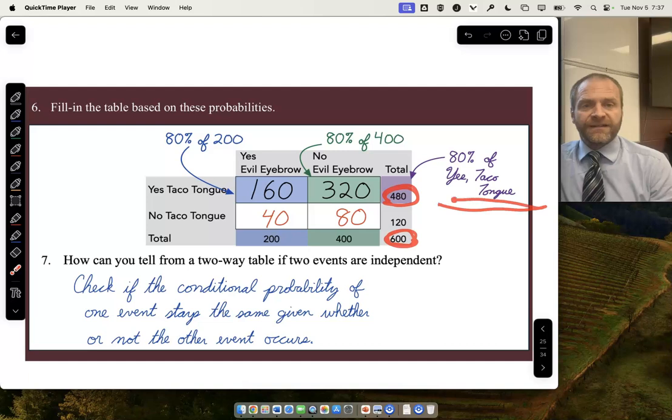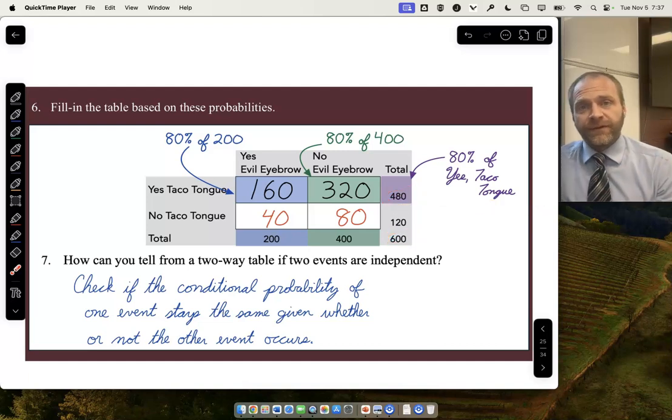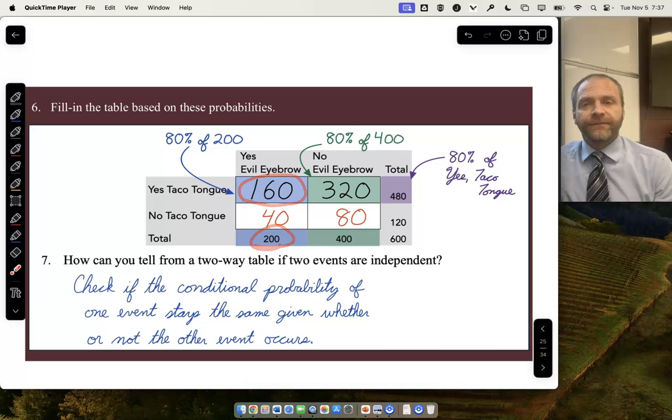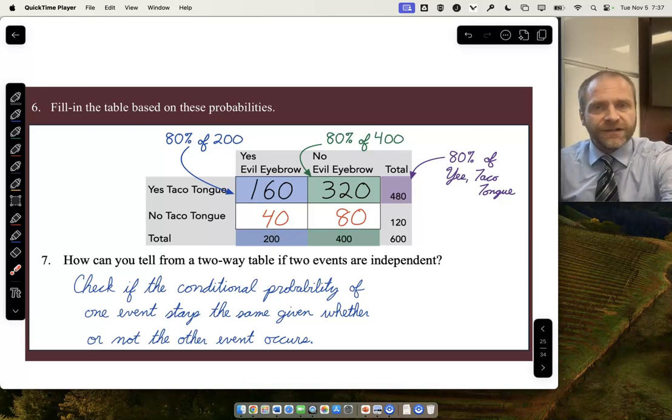The ability for somebody to talk with tongue was 80%. I need to check the conditional probabilities to see, are they equivalent? Is 160 divided by 200 also 80%? Is 320 divided by 400 also 80%? That's really what this is checking, a way for us to check if two events are independent of each other.